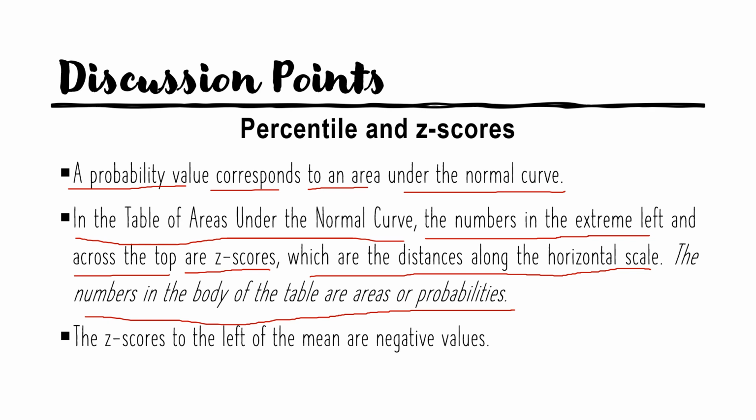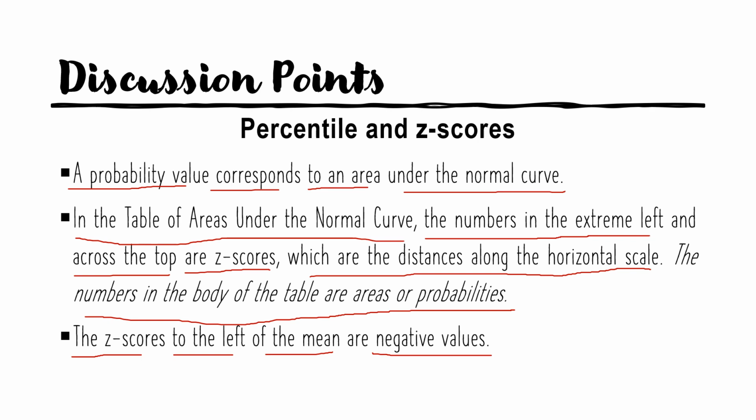Then next, the z-scores to the left of the mean are negative values, and your z-scores to the right of your mean are positive values. So, all values at the left of your mean are negative values, and all values at the right of your mean are positive values.